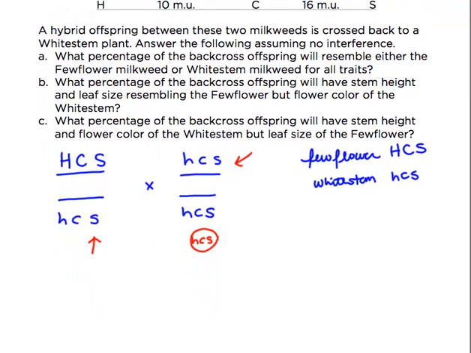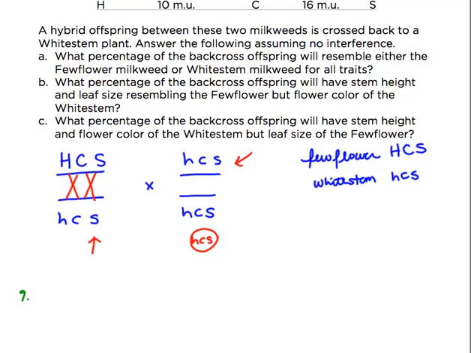So how can you be recombinant here? You could have a single crossover event between H and C. You could have a single crossover event between C and S. Or you could have a double crossover event, where the middle gene flips. So let's look at the double crossover event first and find its percentage.